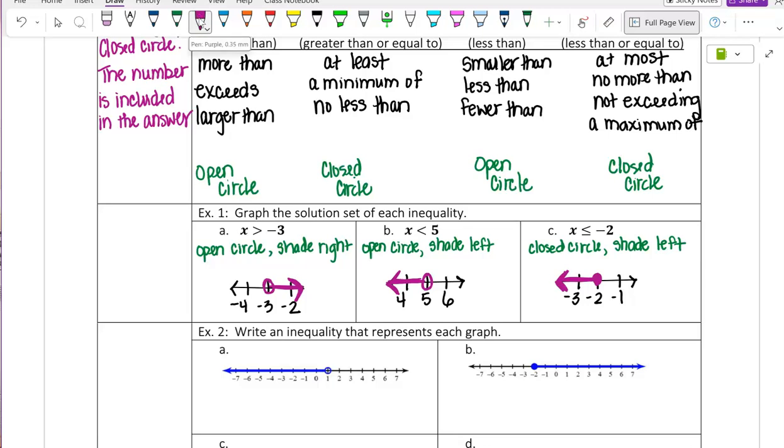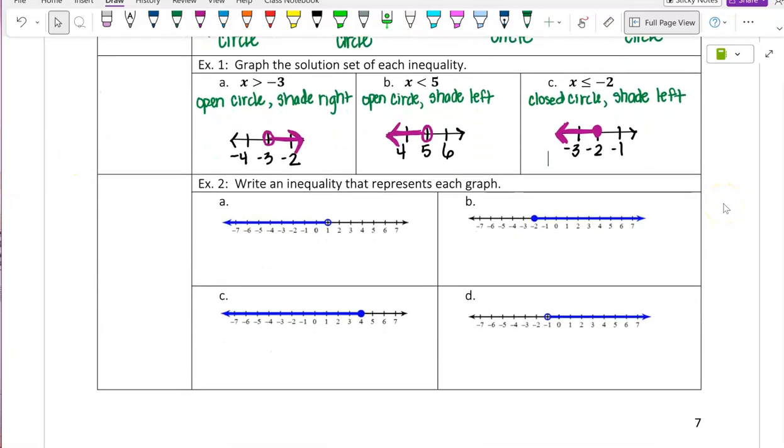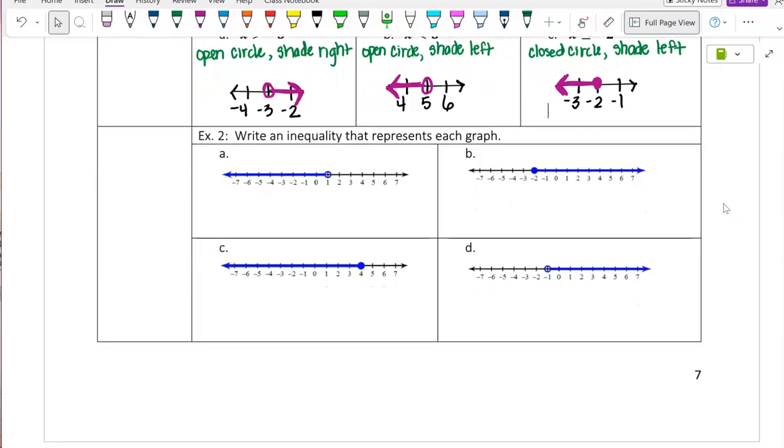Now, in the next section, they're giving us the graph and they want us to write the inequality that matches that graph or that number line there. So again, do I have an open circle or a closed circle on number 2A here?